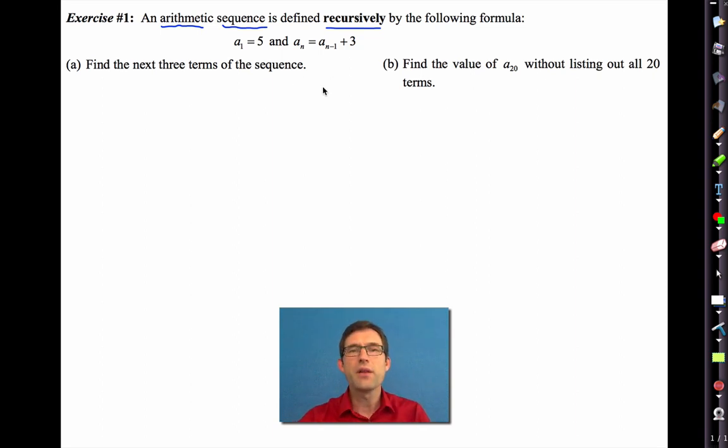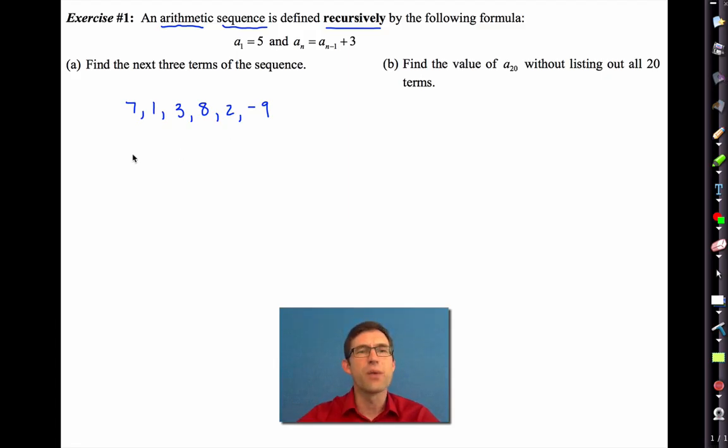It's been a little while since we've dealt with sequences, and specifically arithmetic sequences. So before we jump into this, let me give you a little primer. A sequence is a list of numbers. There might be some recognizable pattern in a sequence. Maybe there isn't.